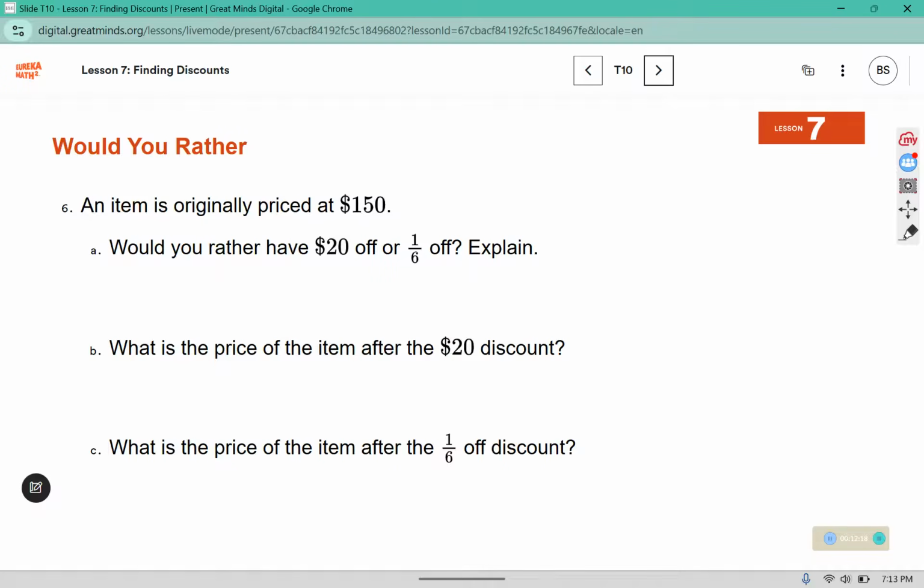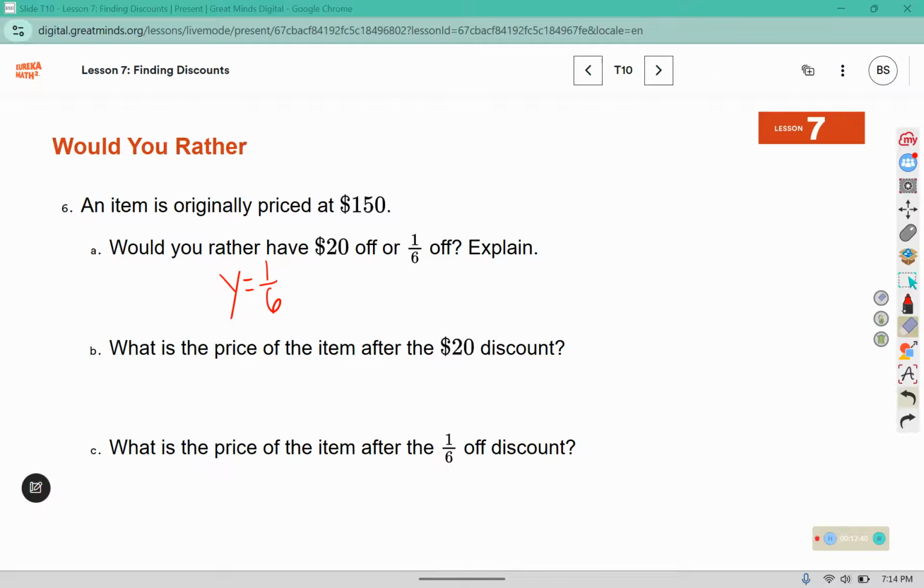An item is originally priced at $150. Would you rather have $20 off or 1/6 off? Explain. We have been primarily working with the proportion version, but this one might be best suited to use the y equals kx equation.